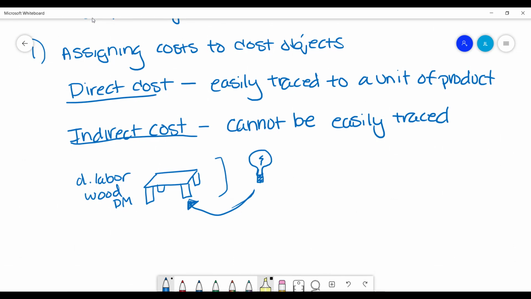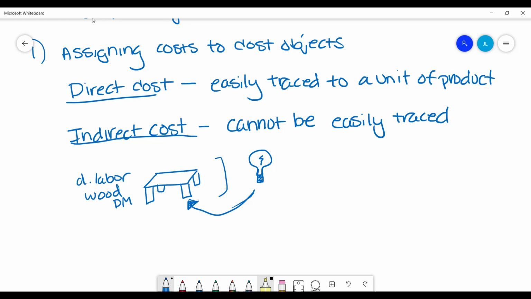And a cost object, just to be clear, is whatever we're looking at that is causing a cost to occur. So a cost is direct if I can easily trace it to a cost object, like a unit of product, but a cost is indirect if I cannot easily trace it, like the electricity bill or factory depreciation and items like that.